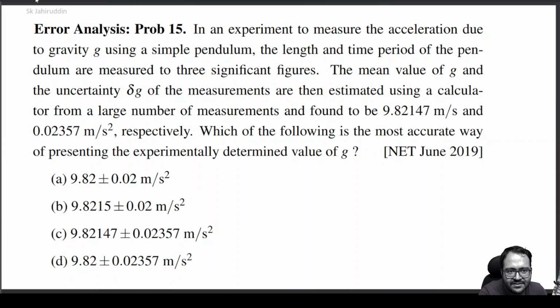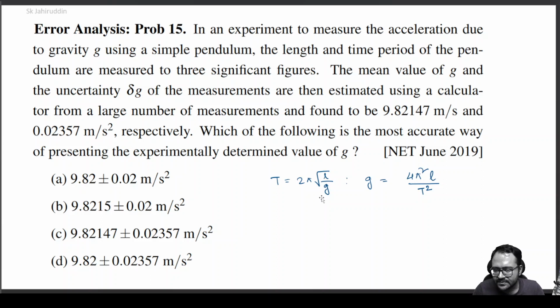Which of the following is the more accurate way of presenting the experimentally determined value of G? Same question, is it? We have T is 2 pi root of L by G. Hence you can say G is 4 pi square L by T square.